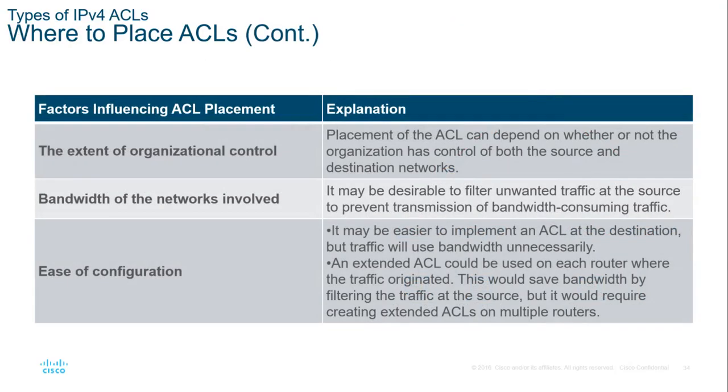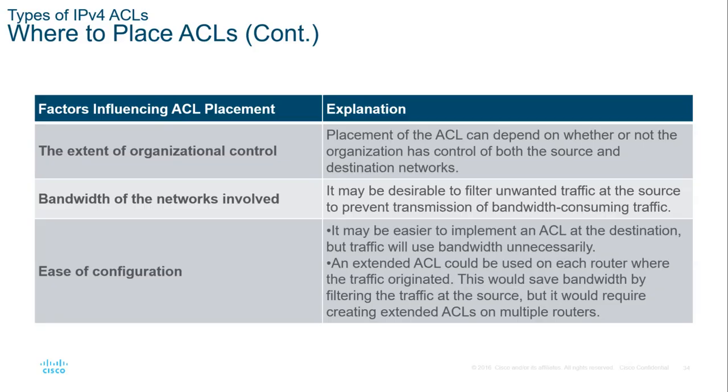Factors influencing access control list placement. One, the extent of organization control. Placement of access control list depends on whether or not the organization has control of both the source and the destination. So you have to make sure that you deal with the interface where you have access.